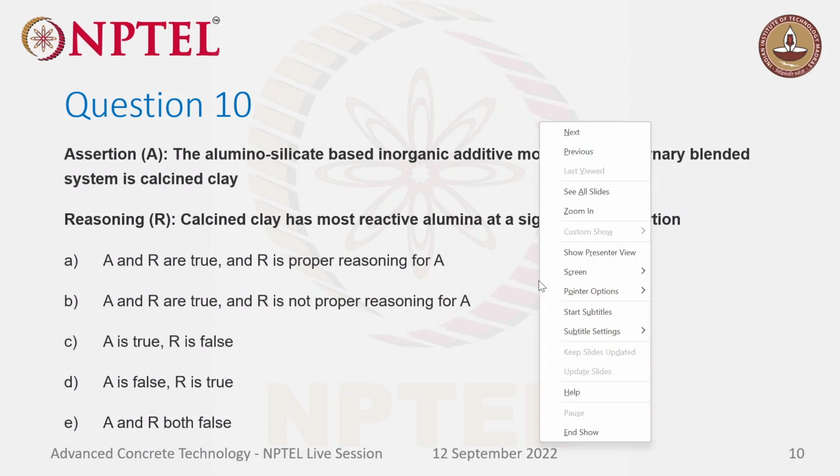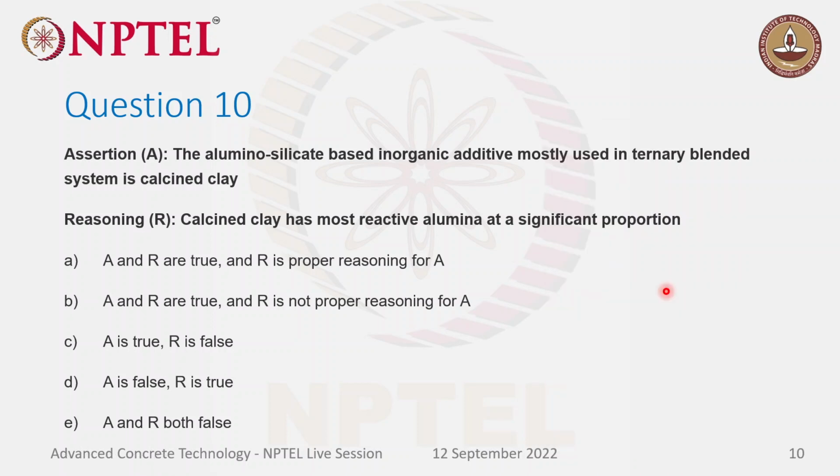Coming to the answer, I have not given any snaps from the lecture for this question because it's very difficult to give the answer from a particular slide, so I didn't give any explanation here.